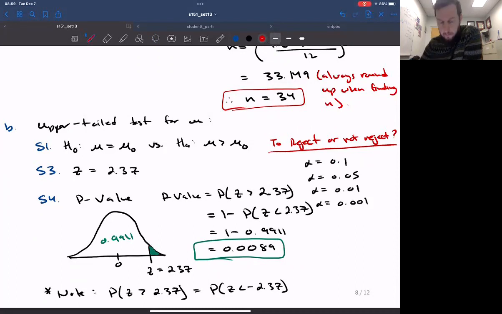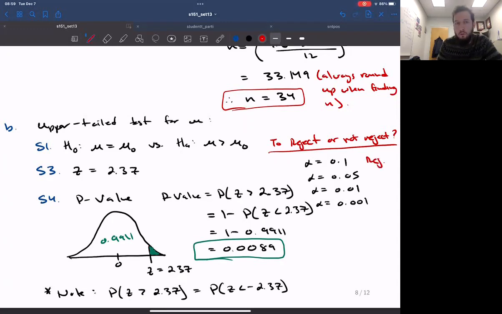Okay, so the rule is, and never changes, you reject when the p-value is less than or equal to alpha. So at alpha 0.1, would we reject or not reject? Yeah.